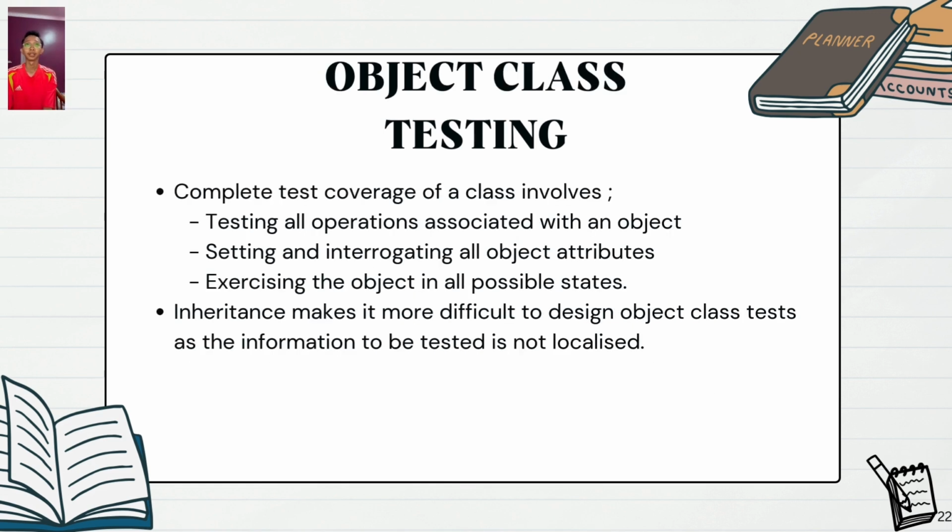Object class testing means complete test coverage of a class, involving testing all operations associated with the object, setting and interrogating all object attributes, and exercising the object in all possible states.